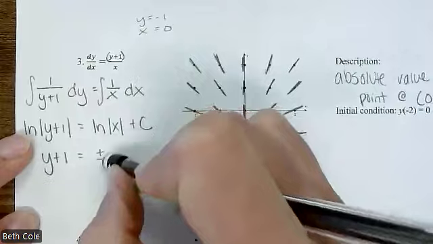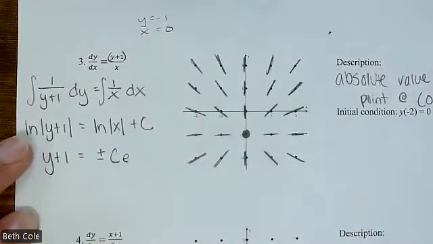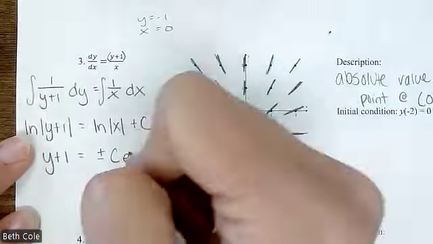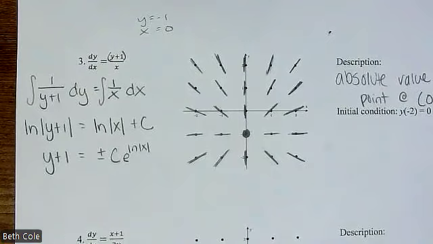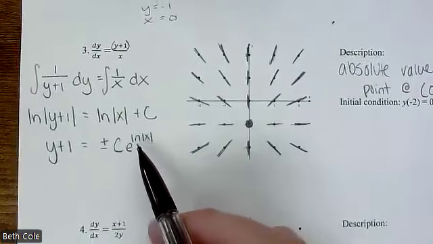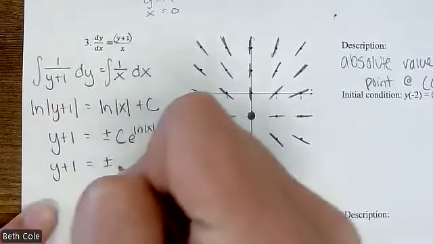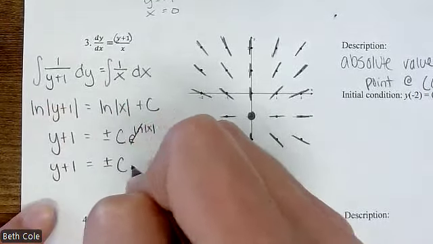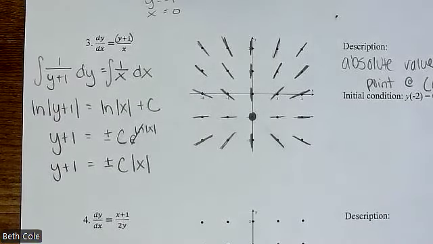Oops. We put the constant out front. Yes, they will write it that way. And then what is going to cancel out with this? Yeah, the e and the ln will cancel out with that as well. So you get plus or minus c times the absolute value of x, which we knew it was going to be an absolute value graph.